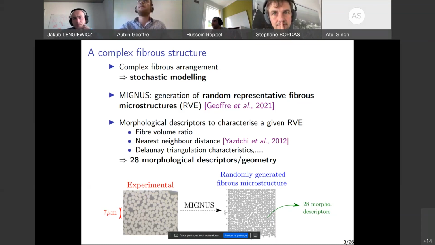Here, what was simple is that our data was easy to compute, so we have a good base for the modeling. But if you have something more complex, I don't know actually which morphological parameter can be suitable.